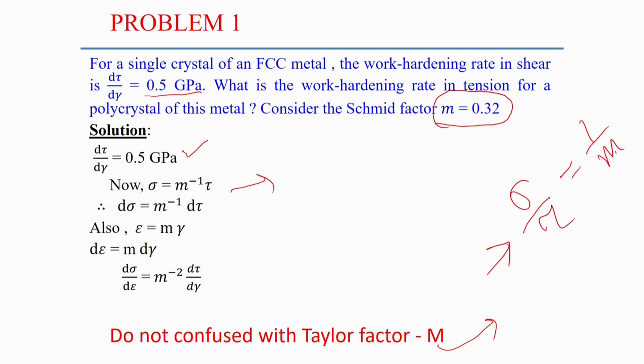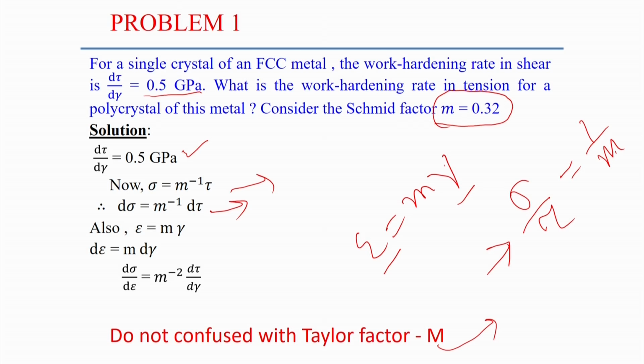Now if we take the derivative or increment of the stress and strain, we can find d sigma equal to 1 by m d tau. At the same time, the shear strain and normal strain are related in a similar way. This is the shear strain, and this is the normal strain.